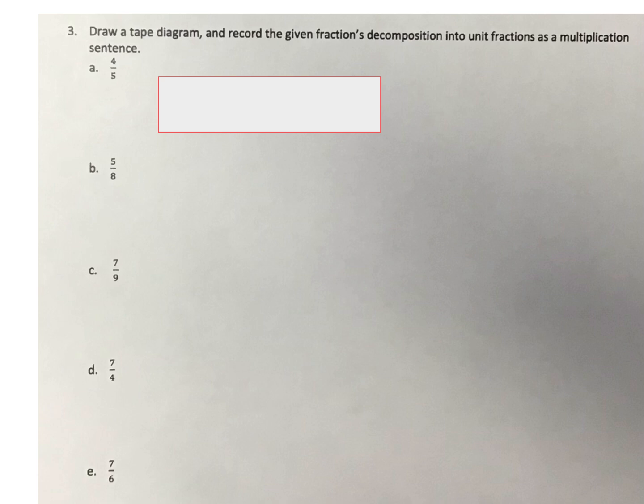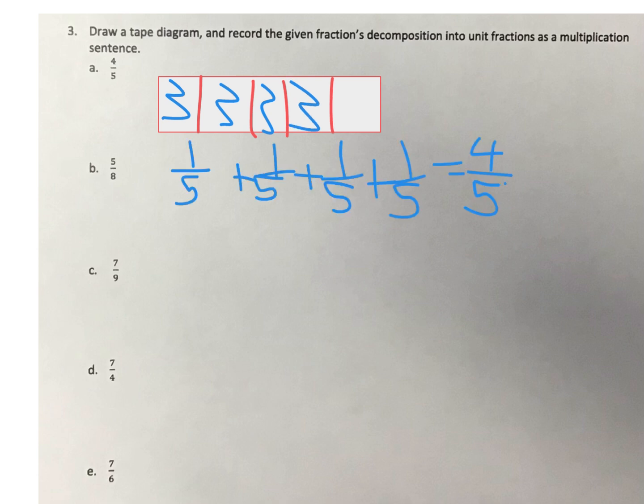So let's do that. That's going to be 4 boxes drawn there, and then that's divided into fifths. So 1/5, 2/5, 3/5, 4/5. Written as unit fraction addition, it will look like this. And as a multiplication problem, it's going to look like this.